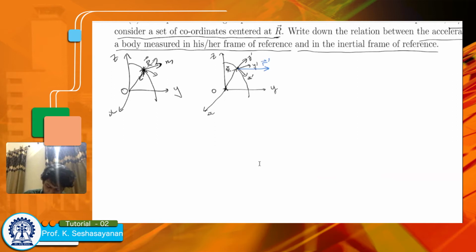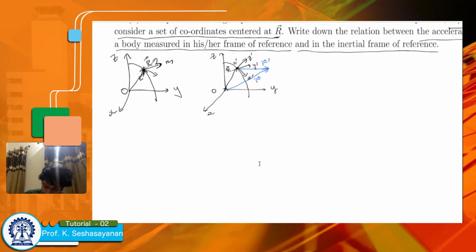Okay, and the inertial observer is measuring a position at a distance R from her origin, and the other observer is measuring it at R prime from this origin, which is O prime.